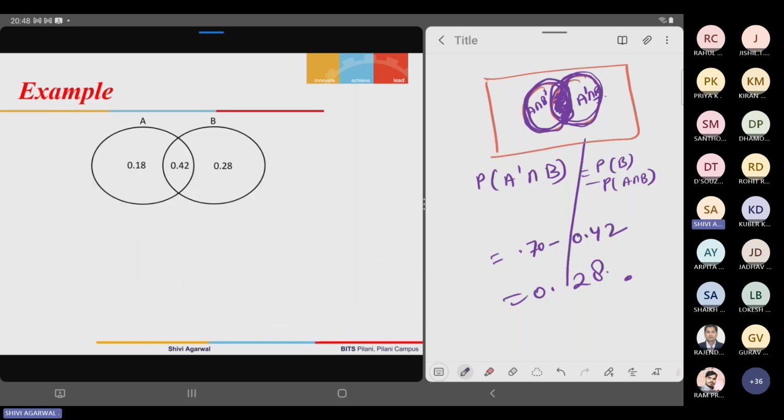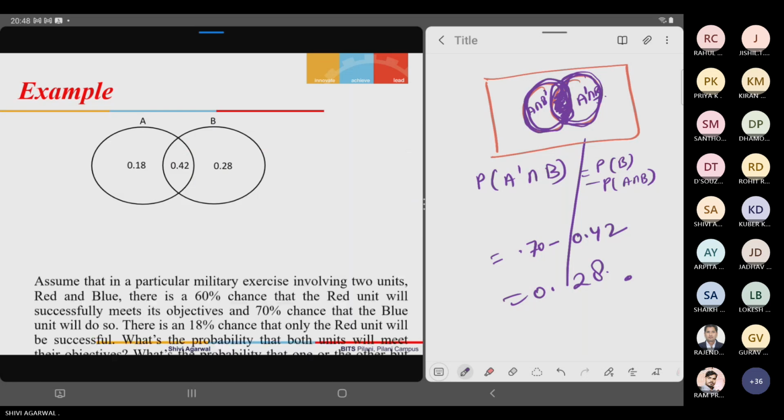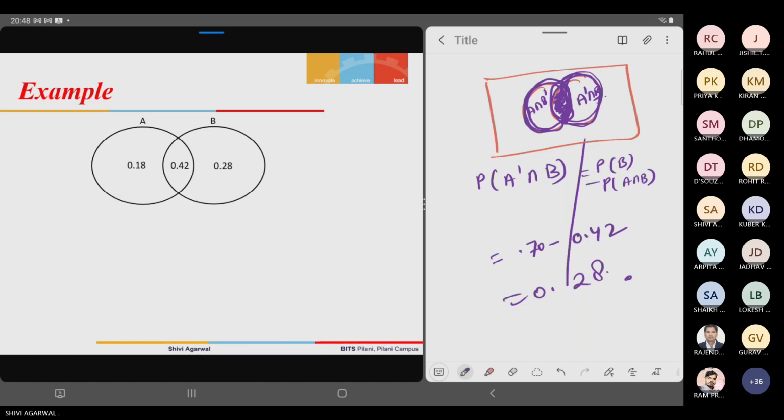Okay. Now one Venn diagram is given like this. Whatever it is, not in A, that is the complement.